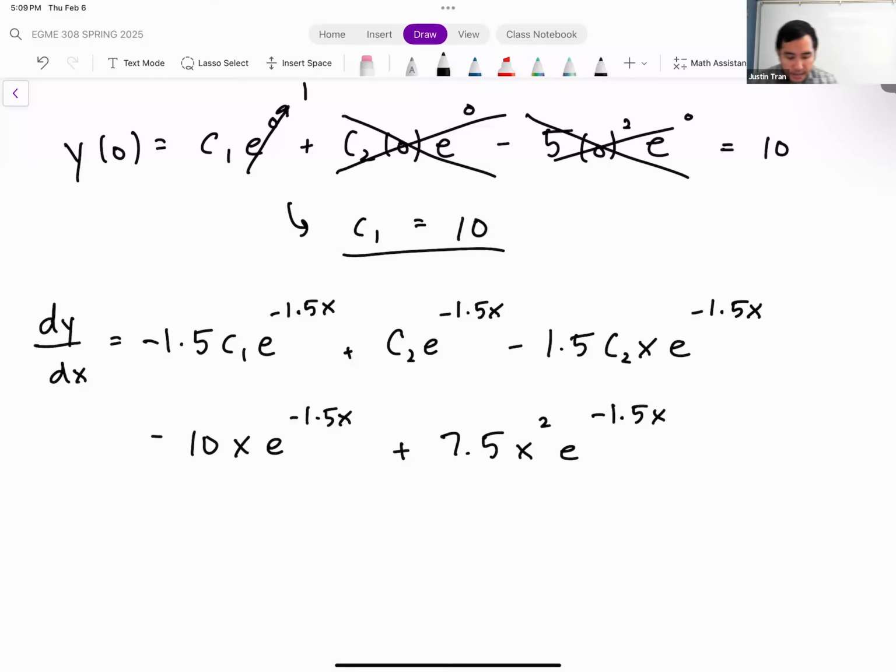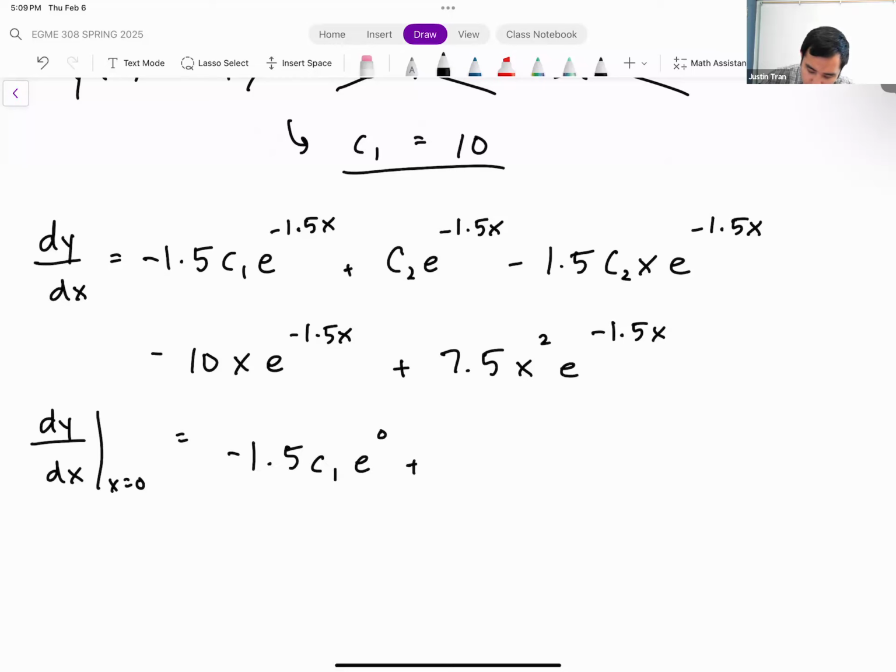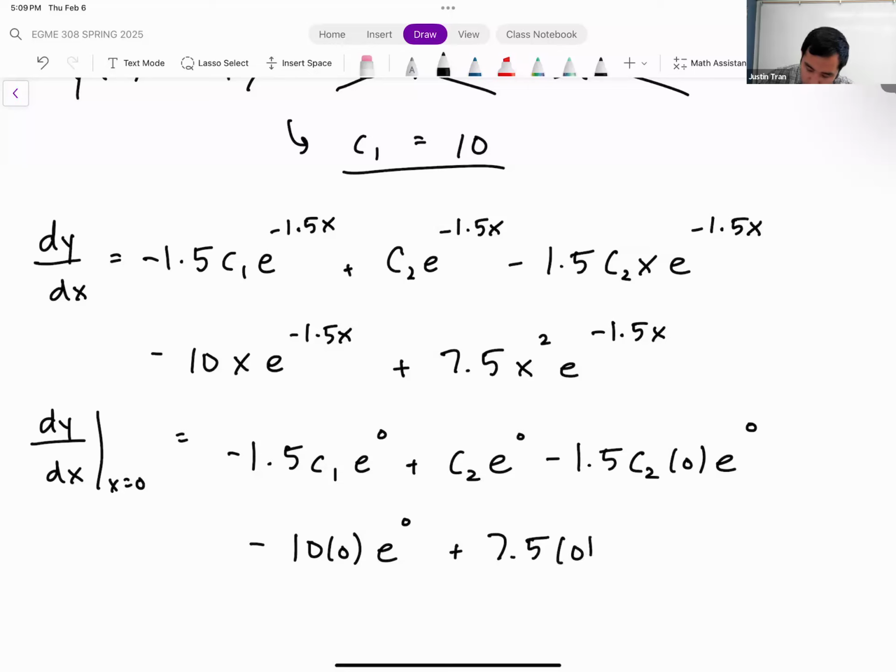Okay, so let's plug in x equal to 0. So we have minus 1.5 c1 e to the 0 plus c2 e to the 0 minus 1.5 c2 times 0 times e to the 0 minus 10 times 0 e to the 0 plus 7.5 times 0 squared e to the 0.